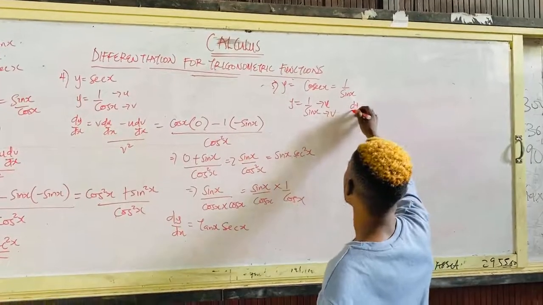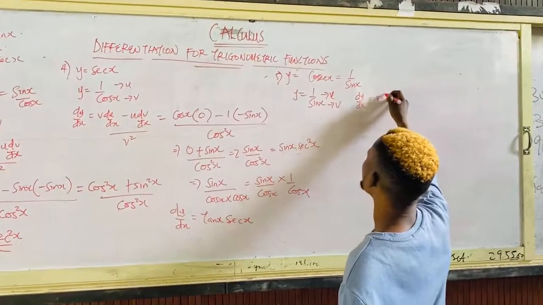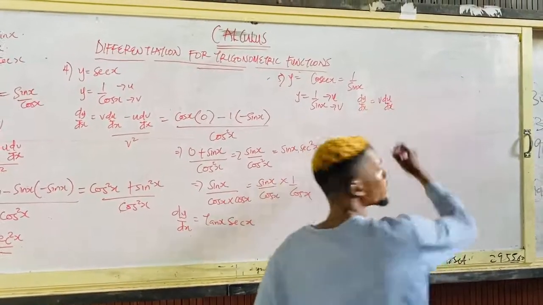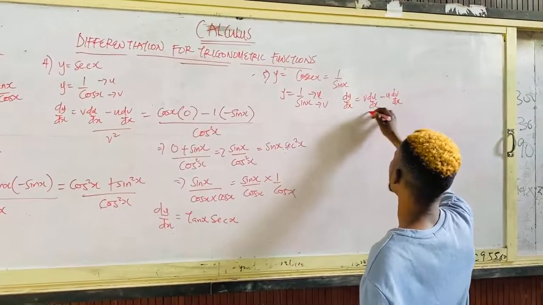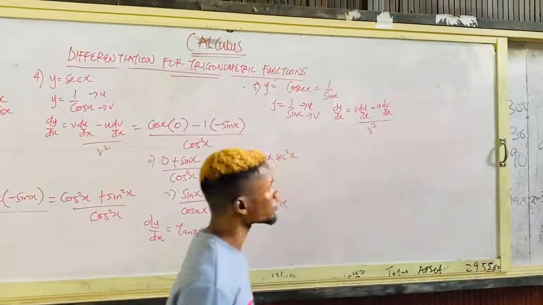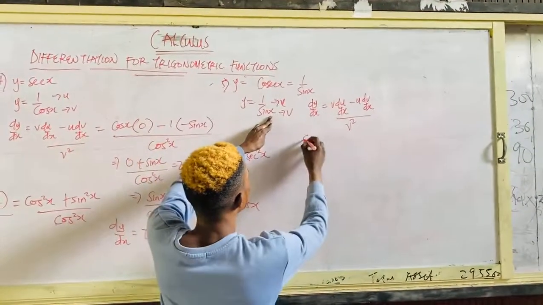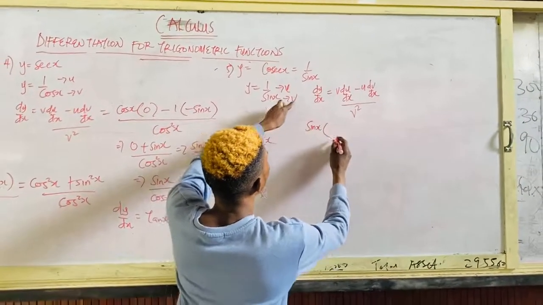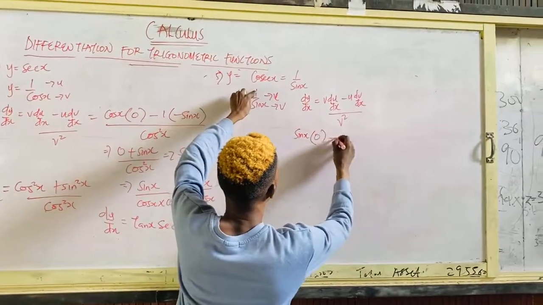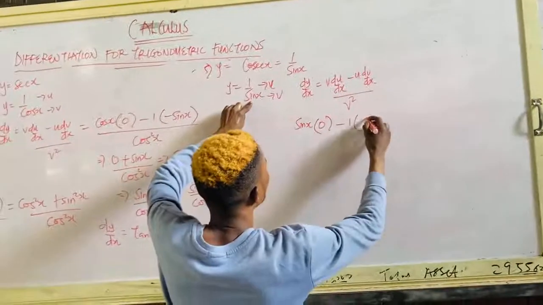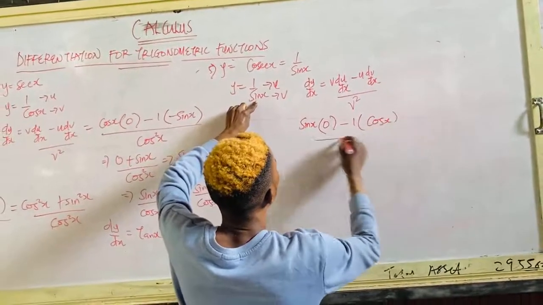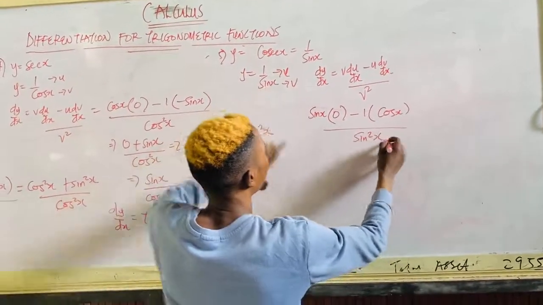So dy/dx is v du/dx minus u dv/dx, then over v squared. So this is your v. Your v is sin x. Differentiate u, 0, minus u, 1, dv/dx, differentiate this, cos x all over sin square x.